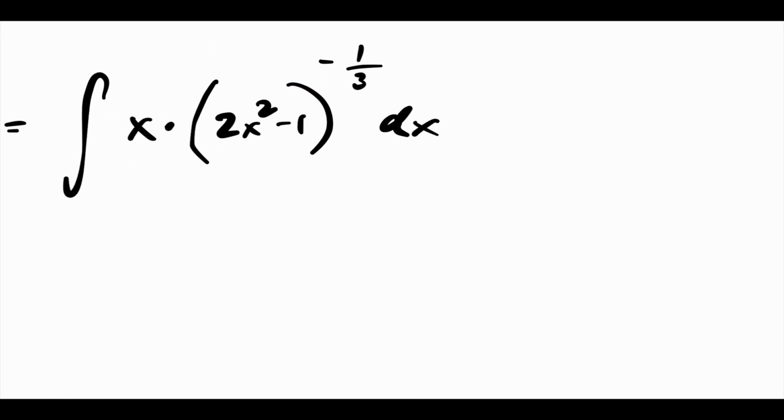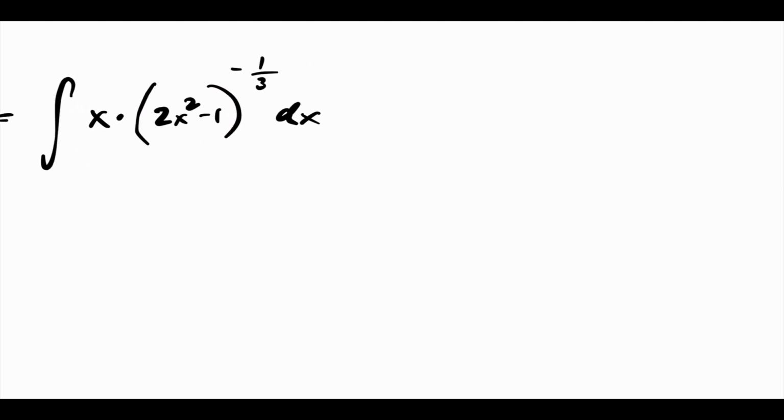If I pick x for u, the derivative is just going to be 1, and I don't really need a 1 in there. But if I pick 2x squared minus 1, the derivative would be 4x, and x is in there. That's more than likely the one you're going to choose. And if you don't choose the right one the first time, just redo the process.